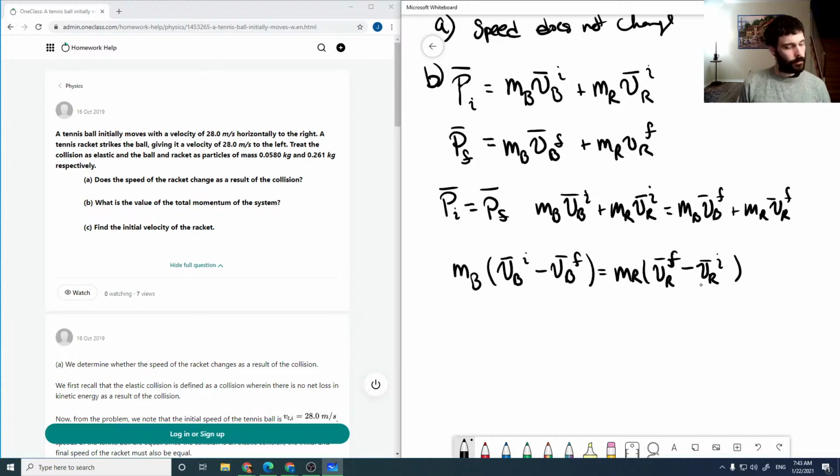And we can see here, and we know that our v_RF is equal in magnitude to our v_RI. But on the left here, we can see that we have mass of ball times plus, oh sorry, 28 meters per second. And then the final velocity is minus 28 meters per second.